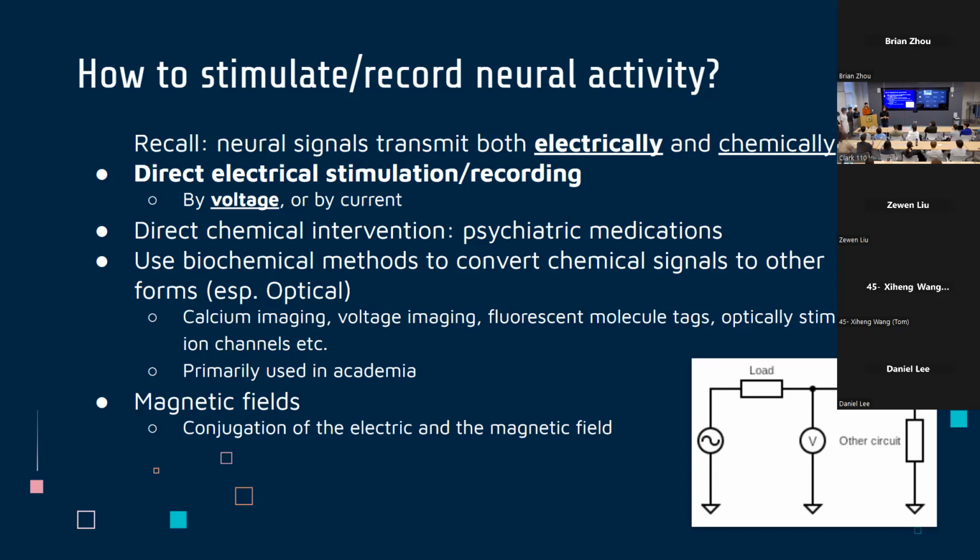We can see neural activities in real time. Your neurons don't naturally glow, but you can make them glow when they are excited. There are all kinds of modifications people came up with, like calcium imaging, voltage imaging, fluorescent molecule tags, or optically stimulated ion channels. All of these allow you to intervene with neurons just by shining a laser on them and then looking at them under a microscope.